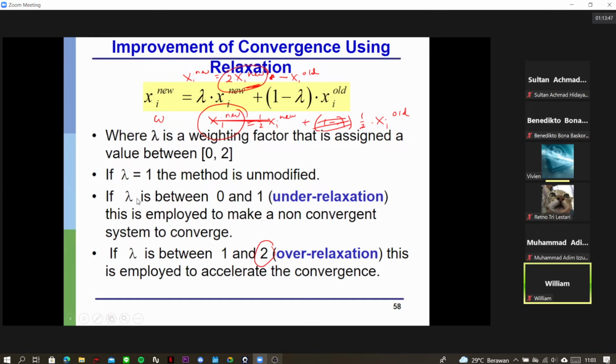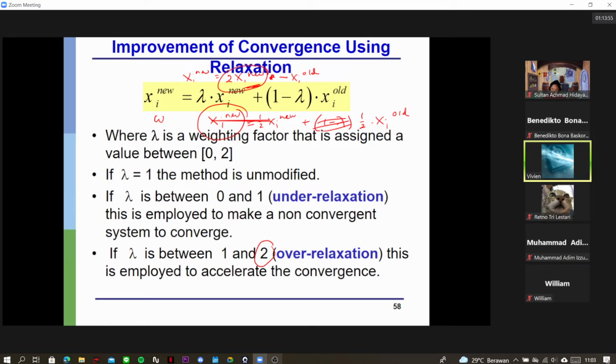In some software, for example finite element or CFD software, you can set this value as well. There is no guidance on what value should be taken. In general, if there is no problem with the calculation, you can just use the unmodified method. But if you see later in the calculation that there is fluctuation or it is very slow to converge, you can consider changing the value.